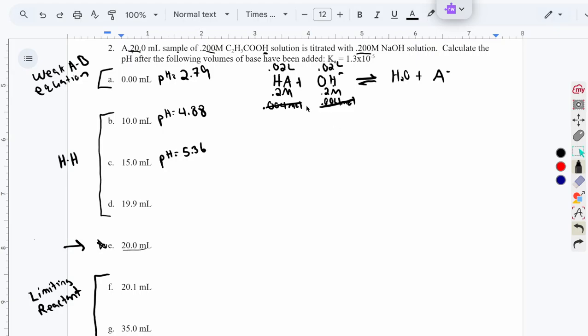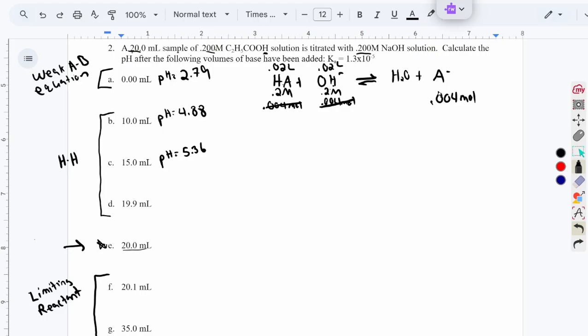What we can't forget is that this also creates 0.004 moles, not molarity, moles of our conjugate acid, whatever our HA acid is here. So what do we do now? Well, if in our solution this acid is gone and this base is neutralized, then all we have is water and conjugate base.